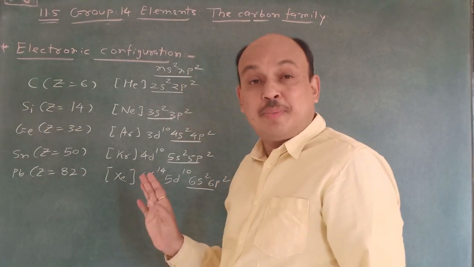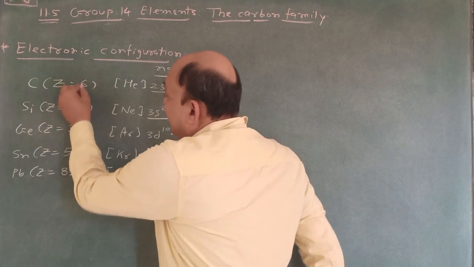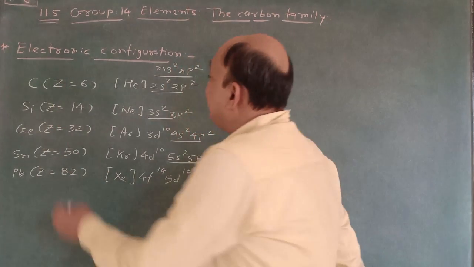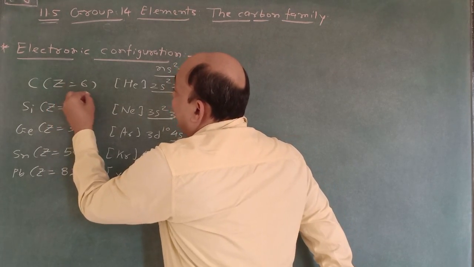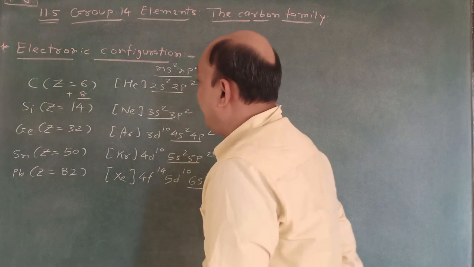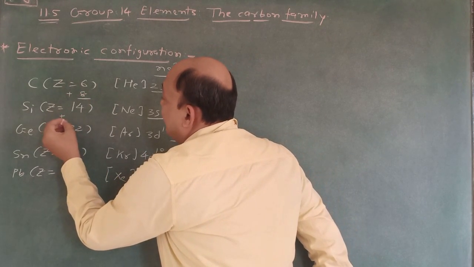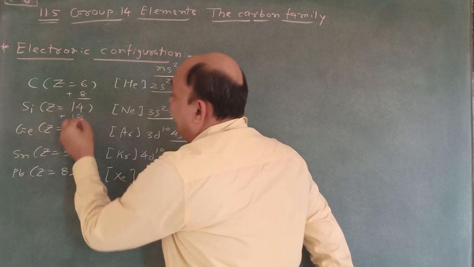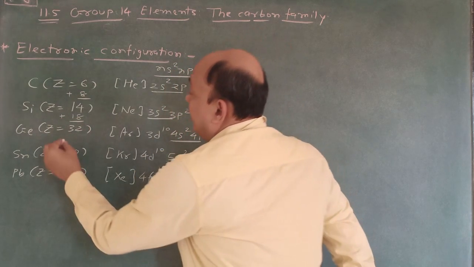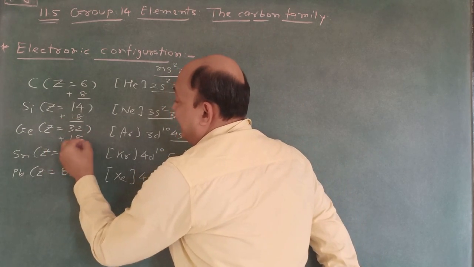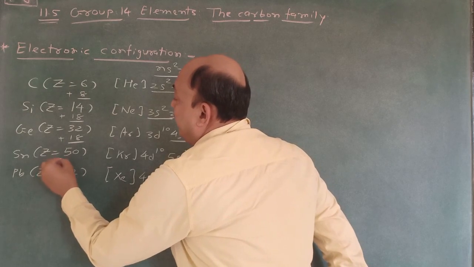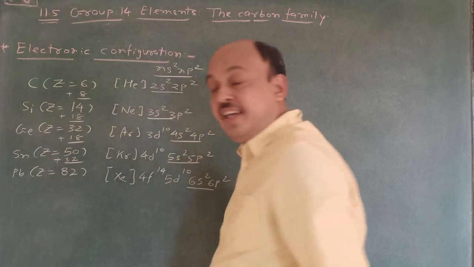And remember this very important magic number. Suppose we write 8, so 6 plus 8 is 14. 14 plus 18 is 32. 32 plus 18 is 50, and 50 plus 32 is 82.